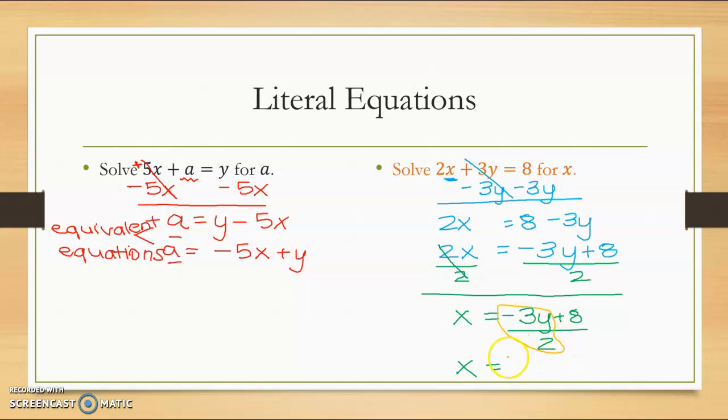Negative 3 divided by 2 does not simplify, so we can just say negative 3/2 y. And then we could also look at 8 divided by 2, which gives us plus 4. Both of these answers work. Again, they are what we call equivalent equations.